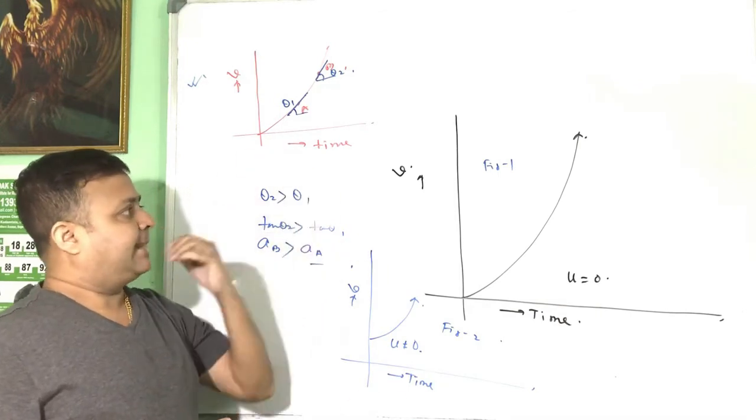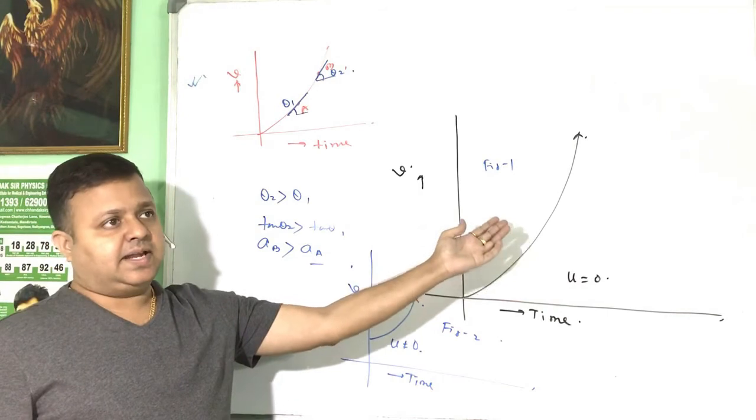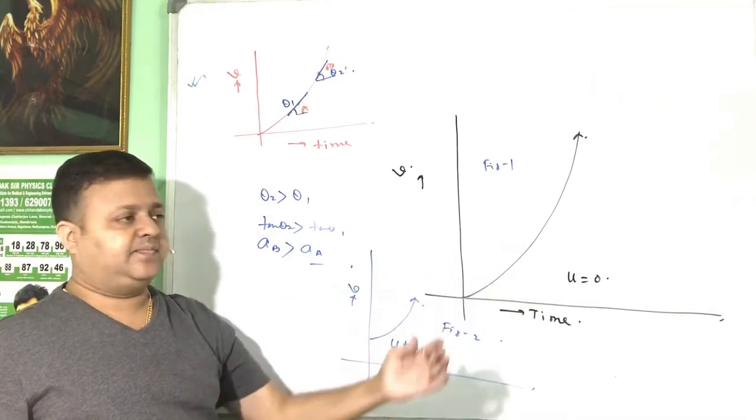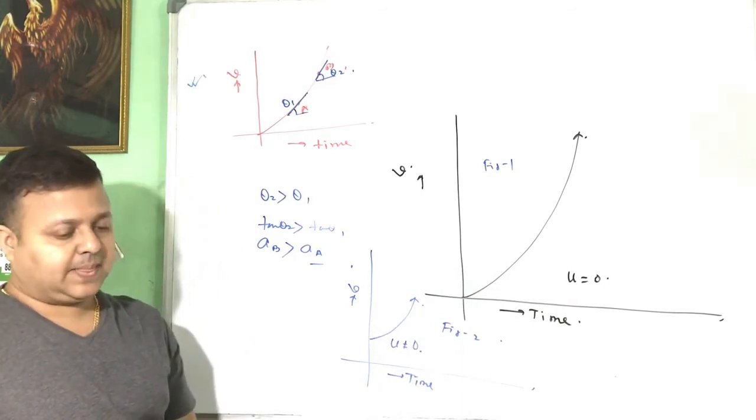Here the slope is increasing continuously, that means the acceleration is increasing. In one the initial position is 0, in the other the initial position is not equal to 0.